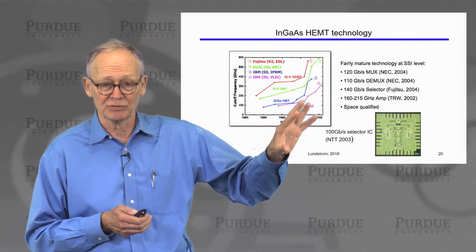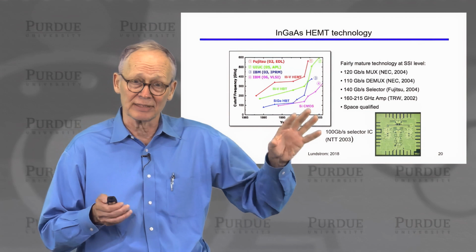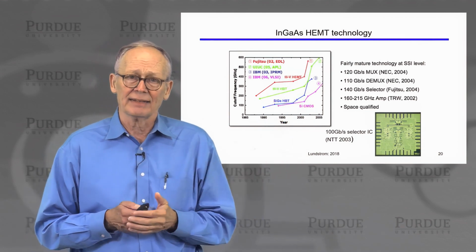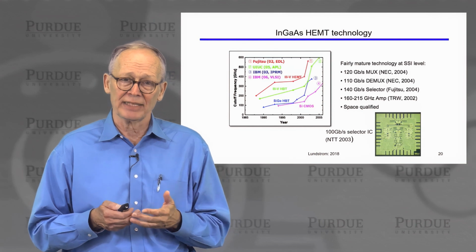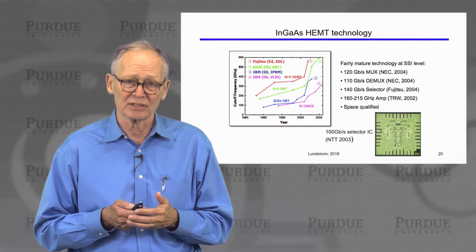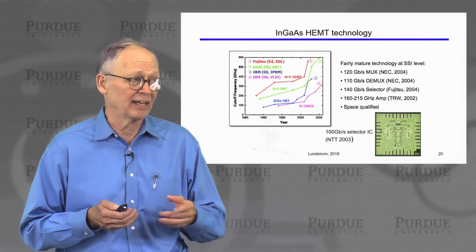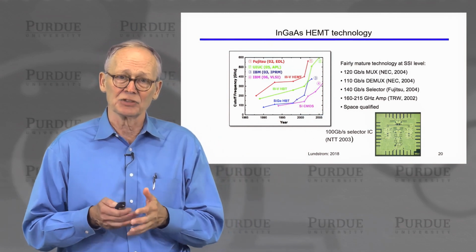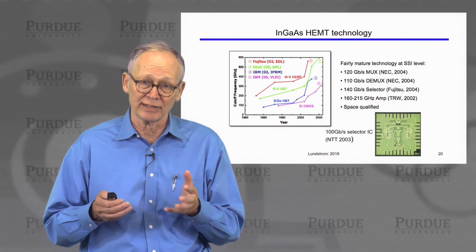Tens or hundreds of transistors, not millions or billions as in silicon MOSFETs. And the other point is that the cutoff frequencies that can be obtained in these III-V transistors are significantly higher than you can achieve in silicon MOSFETs. And that's their benefit when you need very high frequency RF devices.